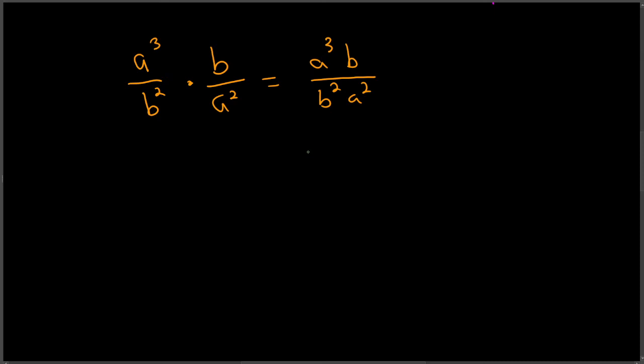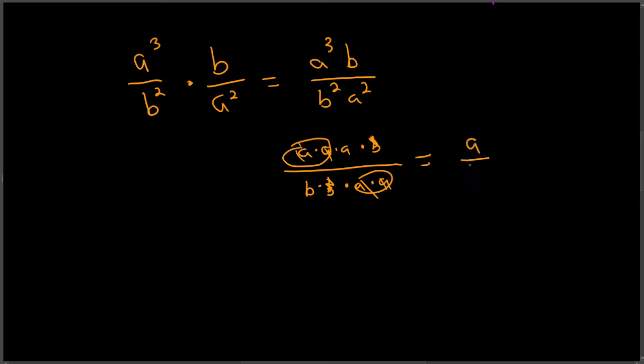Now if I were to expand these out, this would be A times A times A times B over B times B times A times A. So 2 of these A's and 2 of these A's will go away, and 1 of the B's and 1 of the B's will go away. And so that gives me A over B.